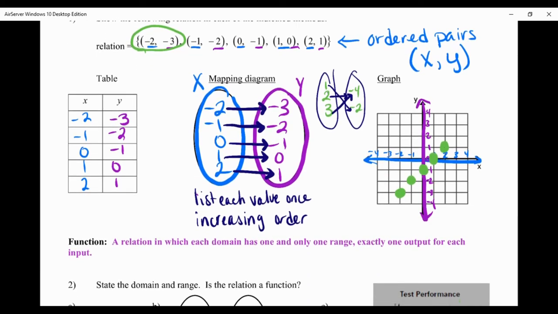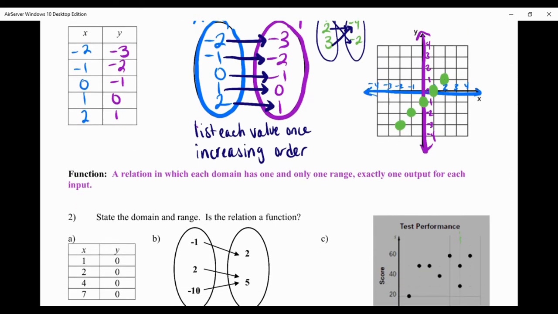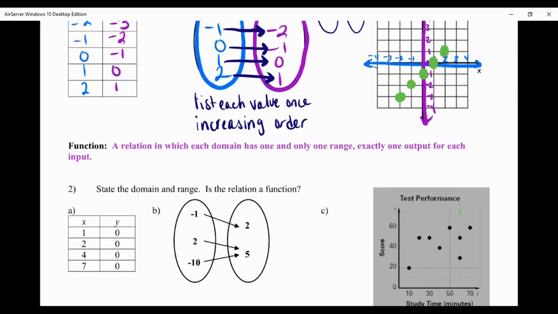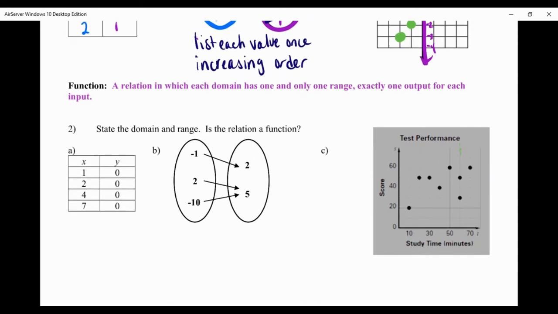So a specific relation can be considered a function. All relations are relations, but only some relations are functions. And a function is a relation in which each domain has one and only one range, meaning there's exactly one output for each input.